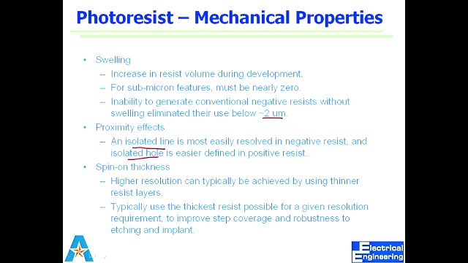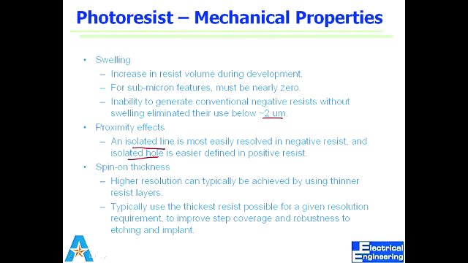If we are defining a line with negative resist, the resist is left behind in the exposed part, and only this region is clean of resist, in a linear shape.